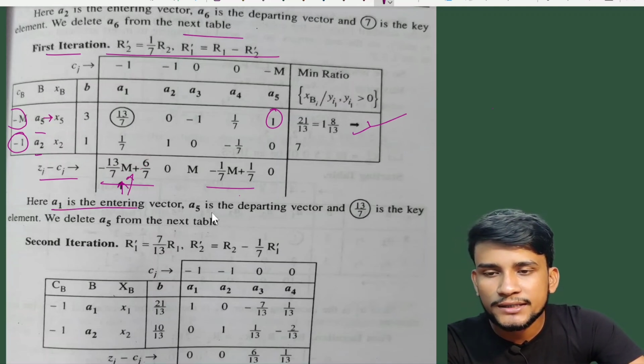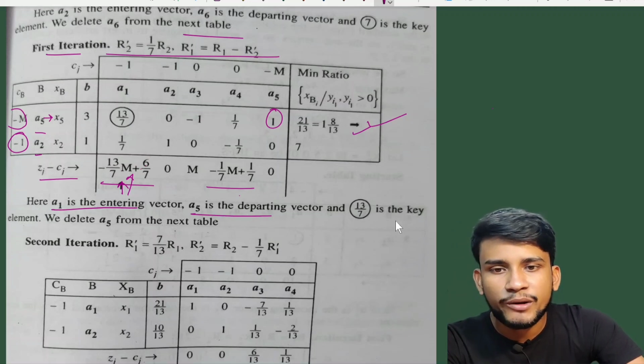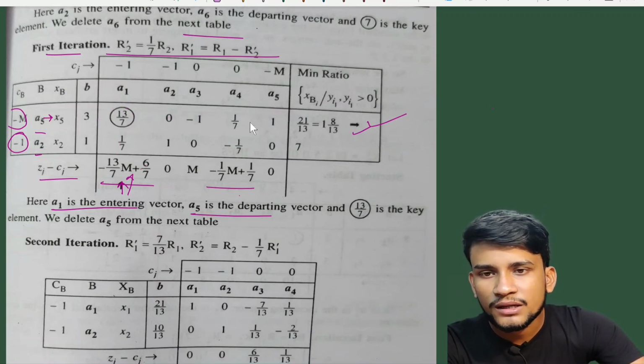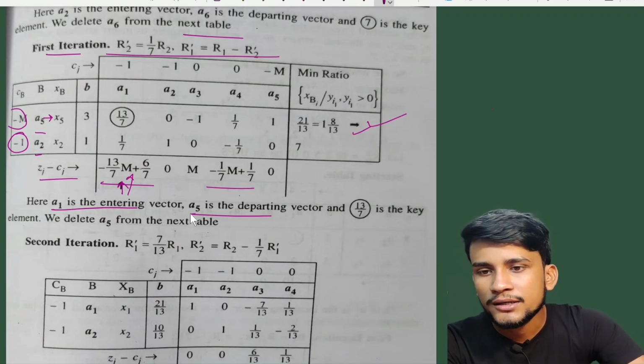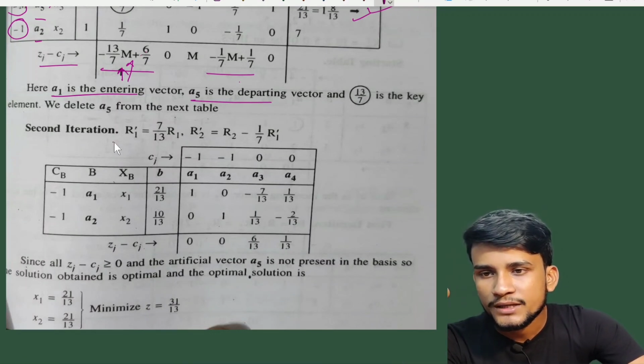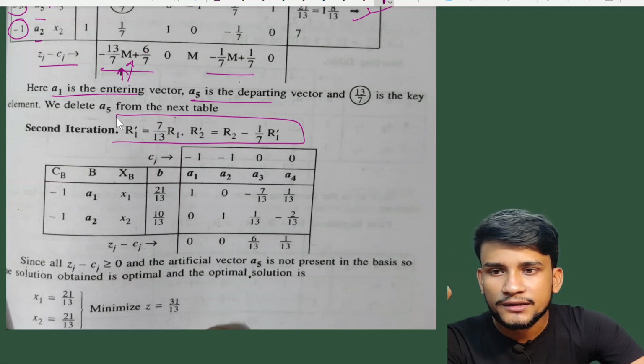So a1 is the entering vector and a5 is the departing vector, and this 13 by 7 is the key element, since this is the intersection point. Okay, so the next table is a similar calculation. The next table is this one we get, and this is the iteration, you can apply it here.